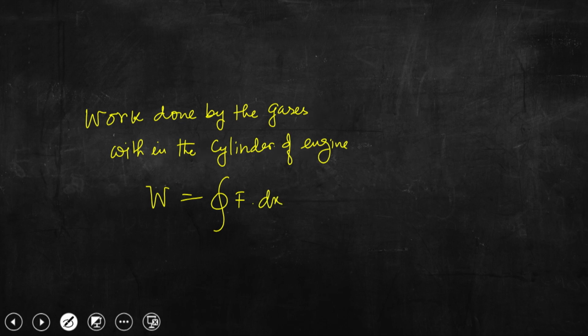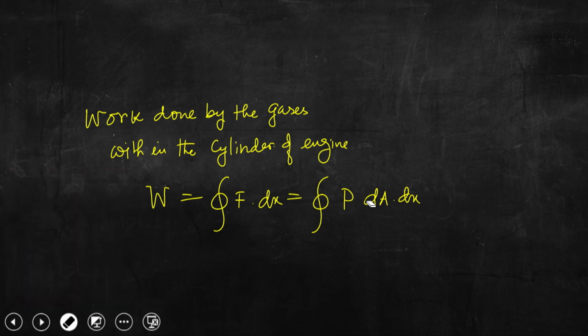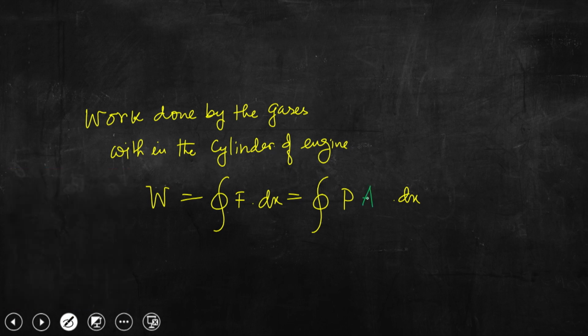You know that F is the force. Now, this can be written again as the cyclic integral of P dA into dx. If we try to write it in a more accurate form, it should be the area of the piston, that is, work done by the gases on the piston face.